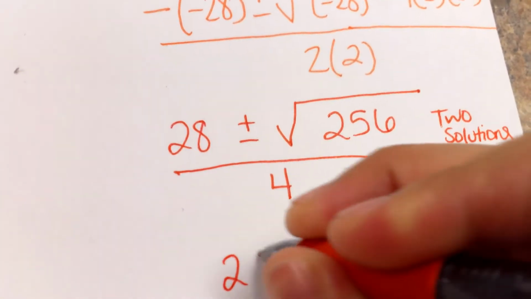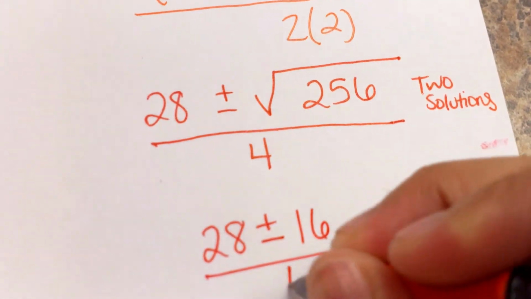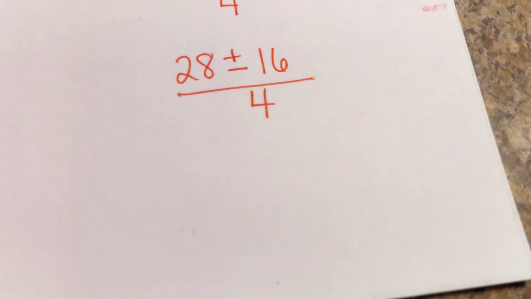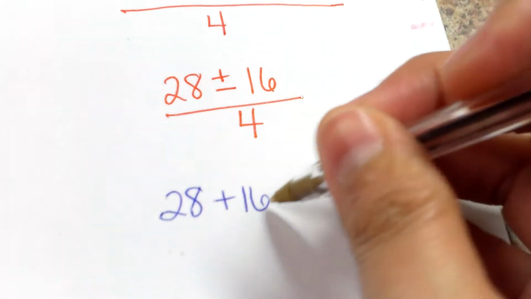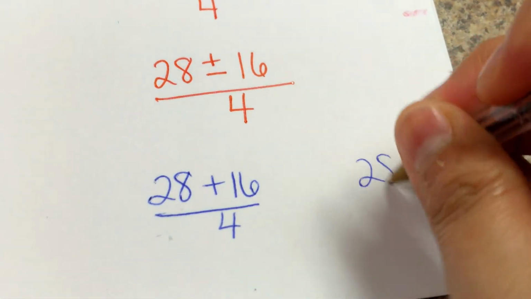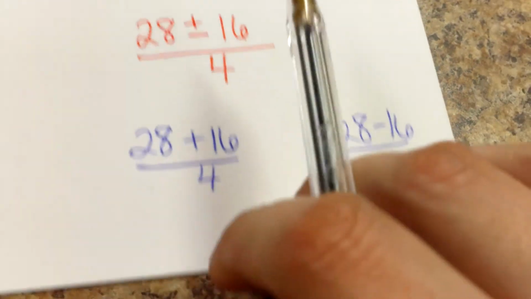So I have 28 plus or minus 16 divided by 4. Now here are your 2 answers. You have 28 plus 16, then divided by 4. And then you have 28 minus 16, then divided by 4.